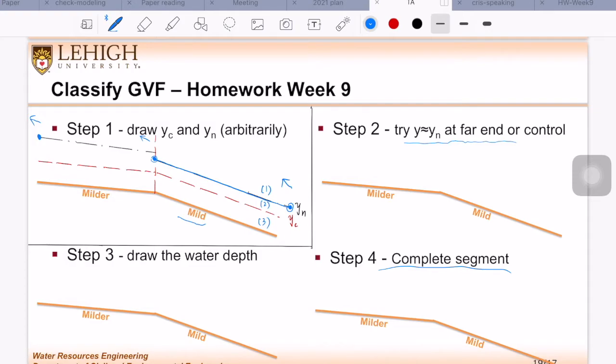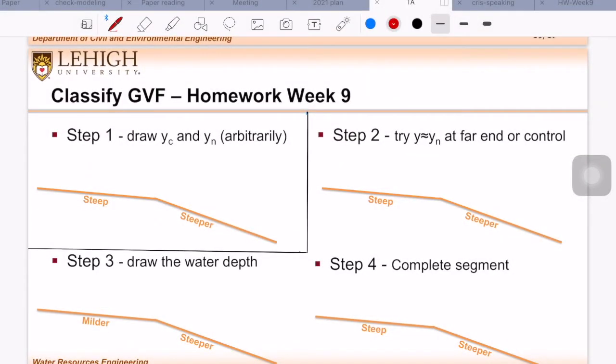And we also know this point is in the mild type 2 section, so the water curve should go up and approach the normal depth. So this is the curve M2. So now we have done this problem.